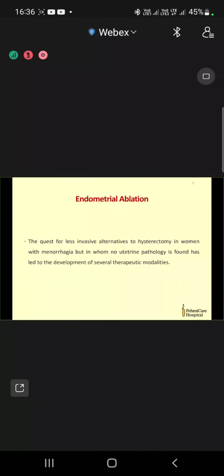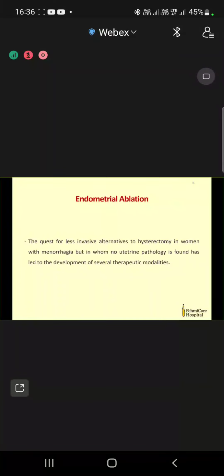And their observation: Asherman syndrome patients are not having any bleeding and they are becoming amenorrheic. So some of the innovative doctors started thinking, why not we create an Asherman-like syndrome iatrogenically?